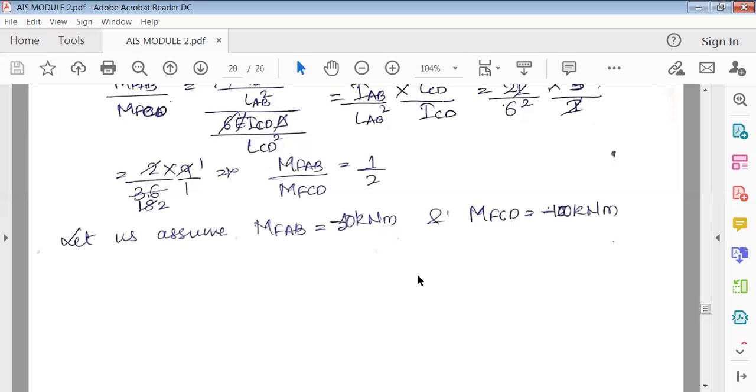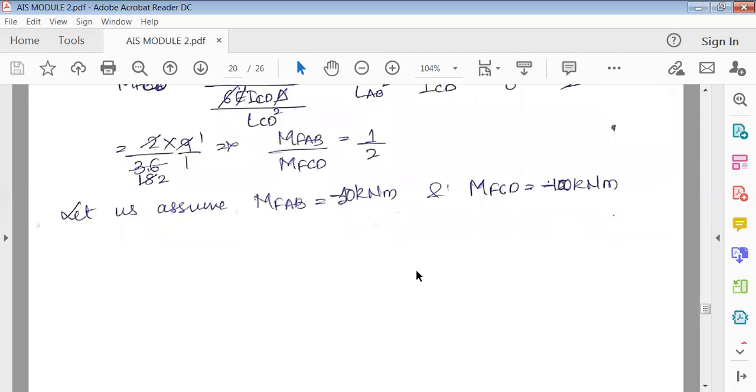In order to solve the moment distribution table, I have taken MFAB as 50 kilonewton meter and MFCD as 100. When you multiply 50 into 2, it is 100. You have to keep this ratio as such. Or else you can keep this as 100 and that as 200.